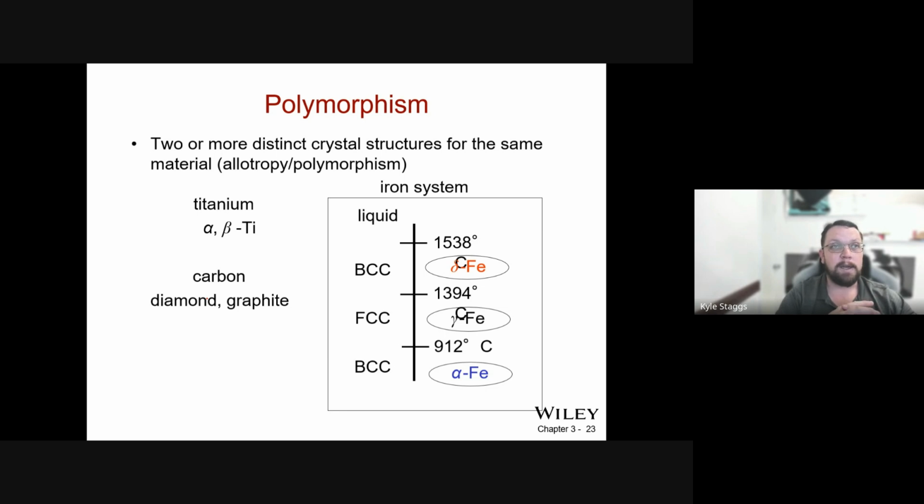Even though graphite can have exactly the same chemical composition and no impurities, it is not anywhere near the same kind of properties as diamond. So these are examples of different kinds of crystals using the same material, even with the same chemical formula. And this is why the crystallography behind metals is so important.